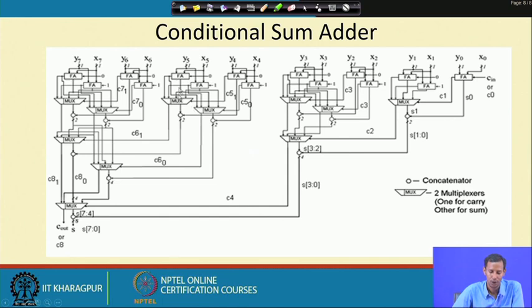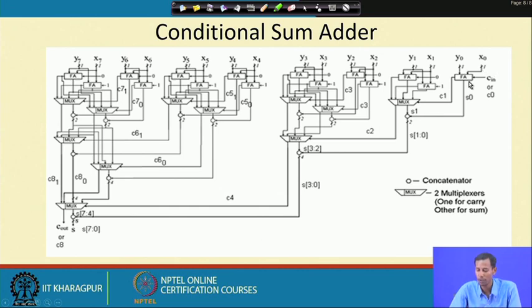I will just copy this architecture here. The same thing will happen for the 6th position and 7th position. If I say this is the 0th position, this is 1, then 2, 3, 4, 5, 6 and 7.